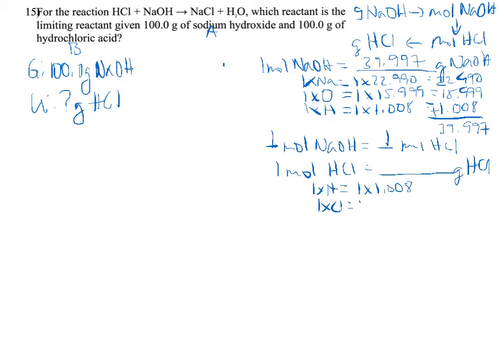Remember, you get these masses from the periodic table. 1 times 35.453. So that's just the numbers added up, 1.008 plus 35.453. And when you add those together, you get 36.461.